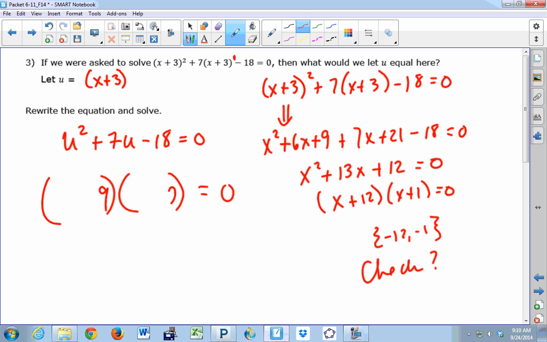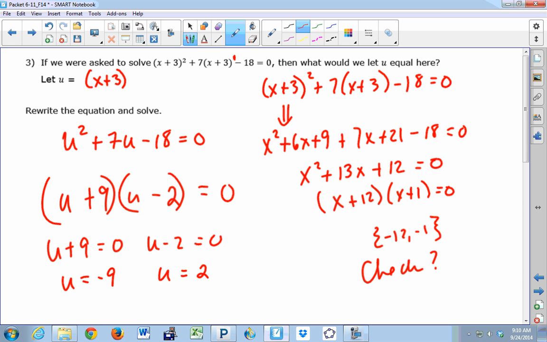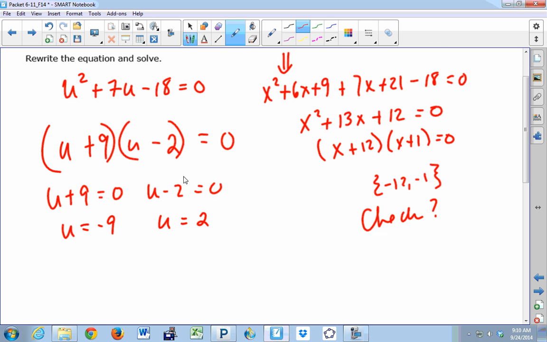9 and 2. Which one of those numbers gets the plus sign and which one gets the minus? The 9, because you ended up with plus in the middle. And you got a u and a u. You set each factor equal to 0. It's the same old story for the same old game. You solve u equals negative 9, u equals 2, but your original equation wasn't in terms of u, it was in terms of x.